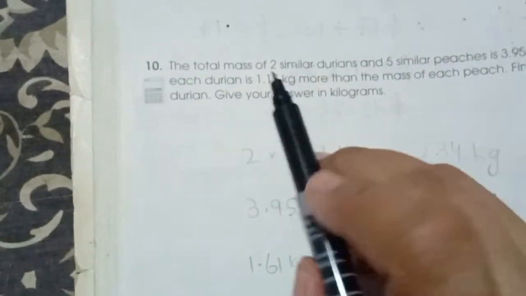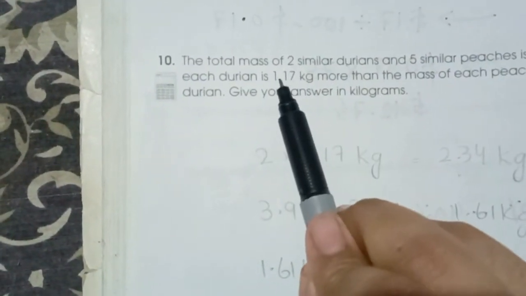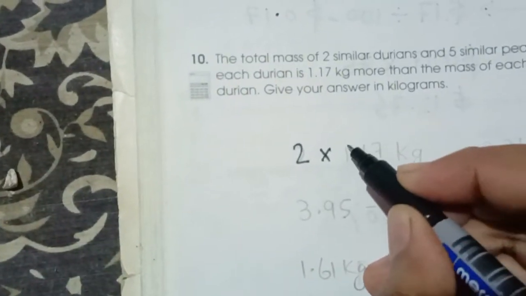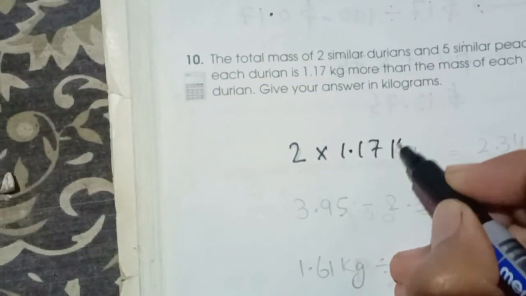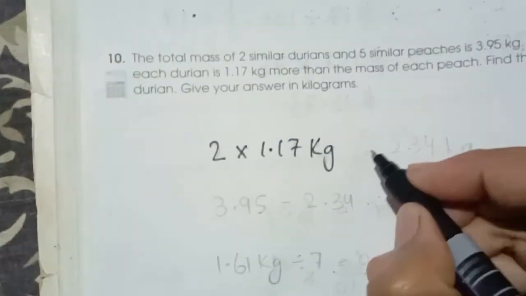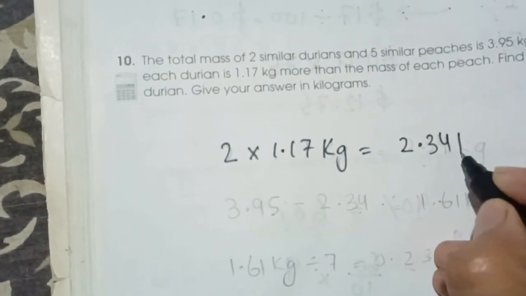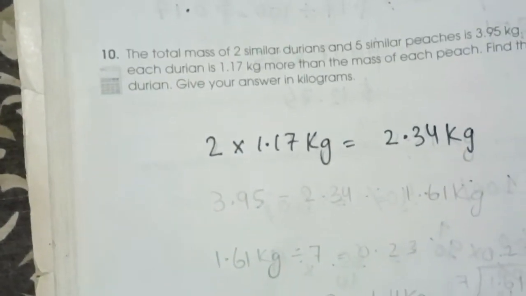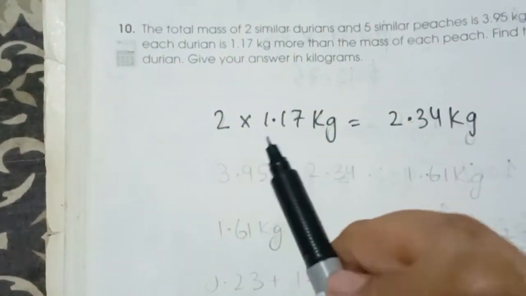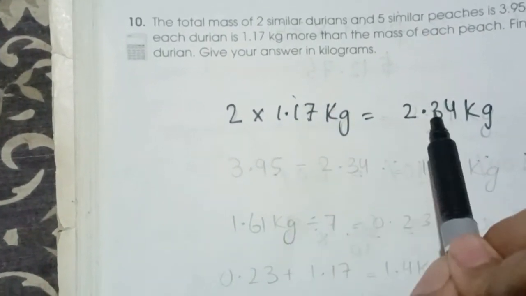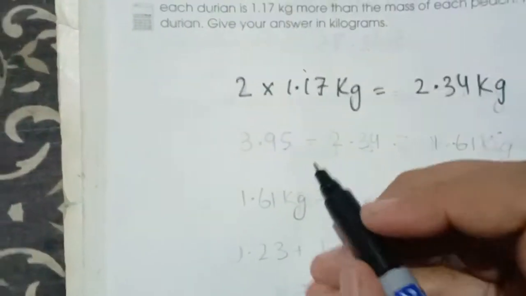So first, 2 similar durians with the mass 1.17 kg. 2 multiplied by 1.17 kg is equal to 2.34 kg. Here you can see 2 sevens are 14, 1 here, 2 ones are 2 plus 1 is 3, 2 ones are 2.